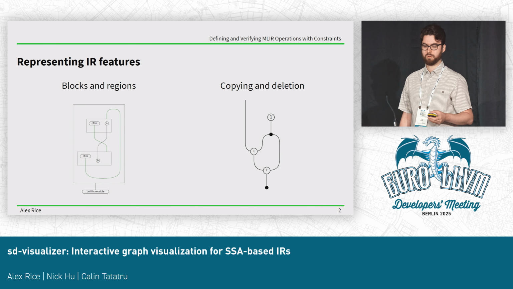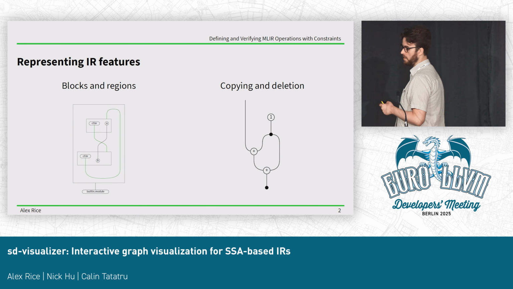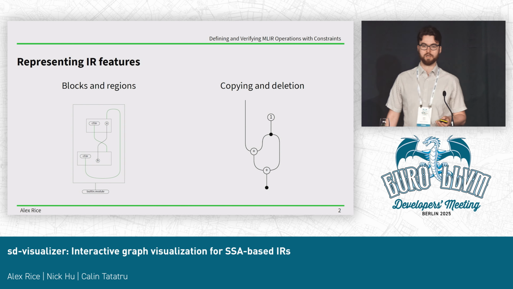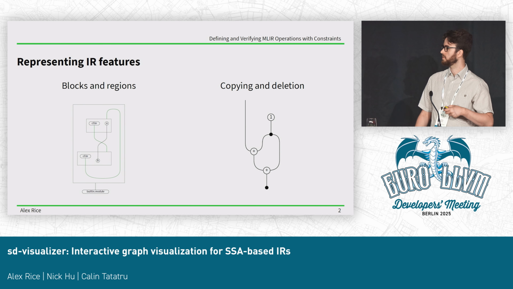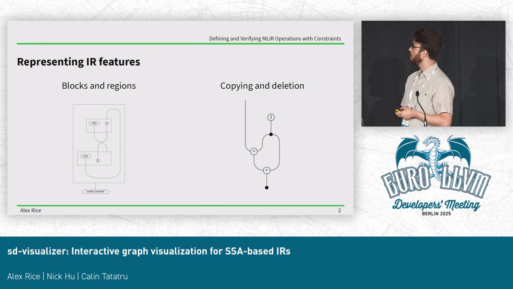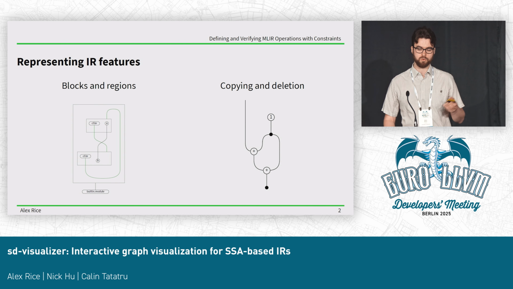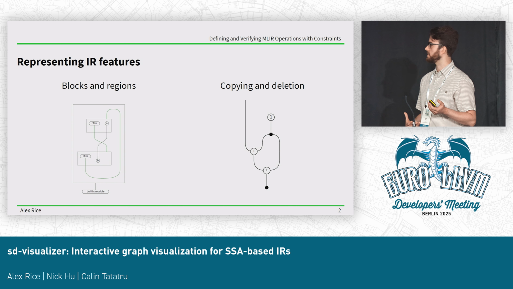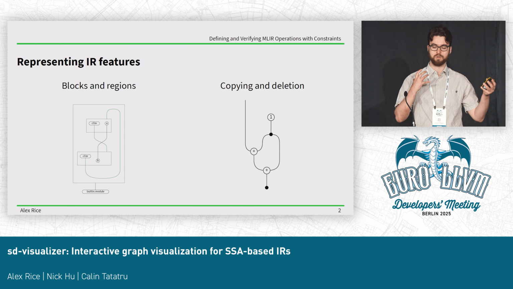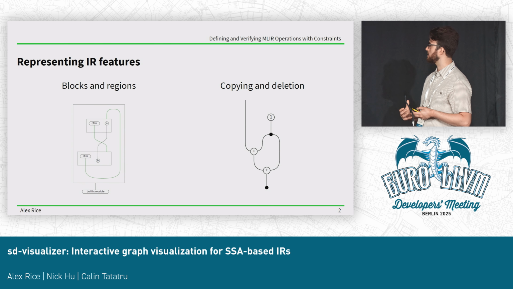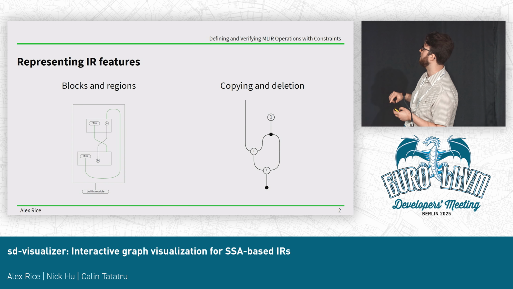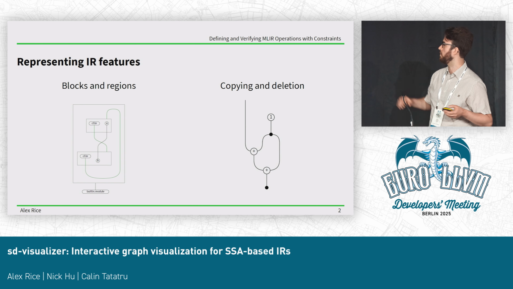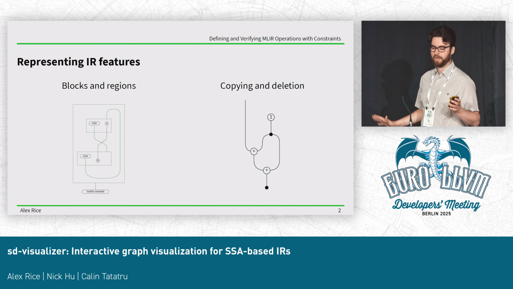Right, so there are certain features of IRs that make them difficult to draw. One of the things that crops up in both LLVM and MLIR is that they have blocks and regions, which put a lot of constraints on the graph you're trying to draw. So you want to group up certain operations. I think the one on the left is LLVM, though I can't remember which one it is.